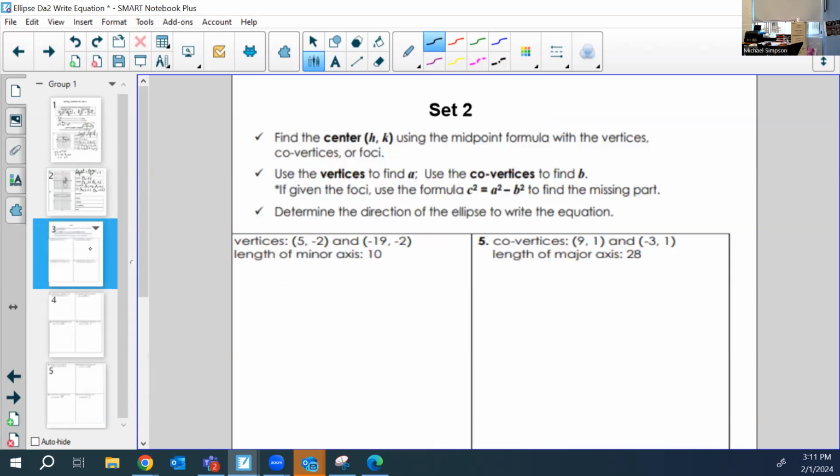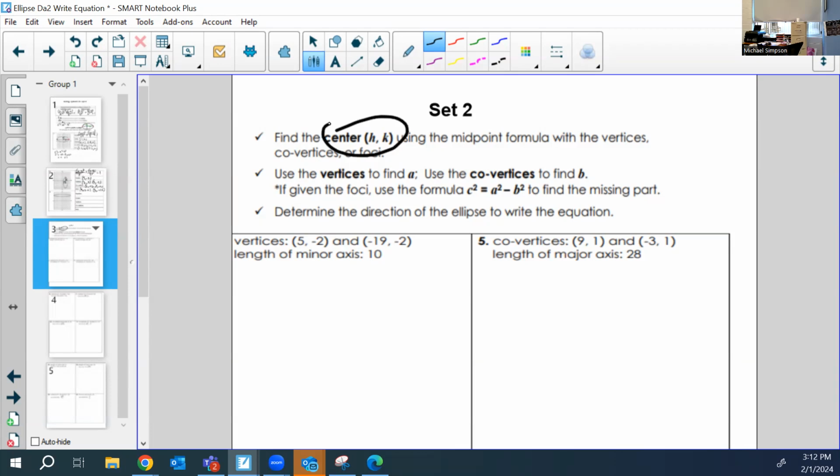All right, so let's move on to writing the equations. A couple of steps I want you guys to do. Before, you were given a graph. Now you're given a bunch of data, and you have to figure out how to write the equation. So first, find the center. Then find a and b to see where the graph is.